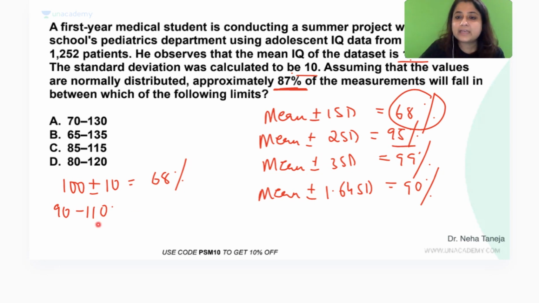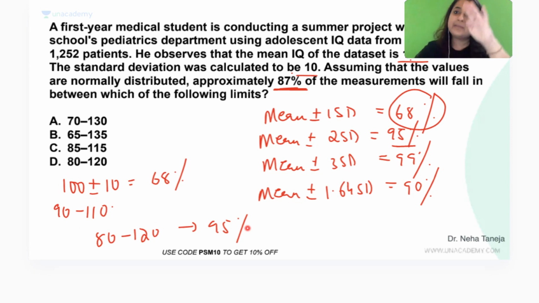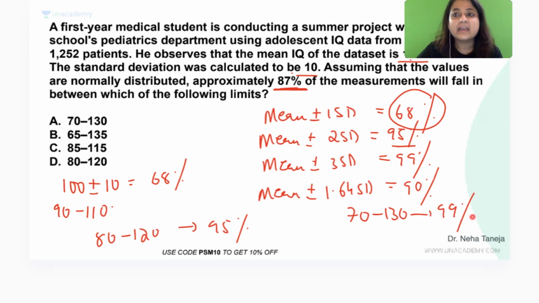Please quickly calculate. 80 to 120 lie within 95%. Now tell me 99% also quickly. What values lie within 99%? 70 to 130 is 99%.